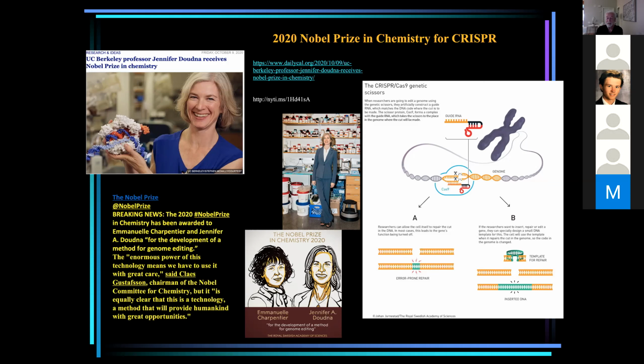And that cut then offers a lot of opportunities. It can be left and allowed to fill in, which would probably lead to mutations, or you can put a piece of DNA of your choosing at that point. So this specificity is one of the reasons that CRISPR is so important. The other is that it's universally applicable.